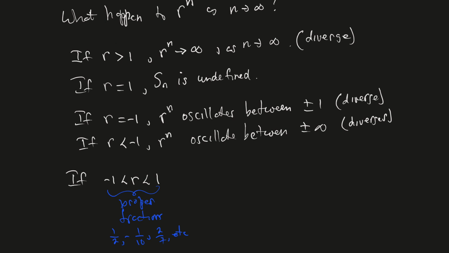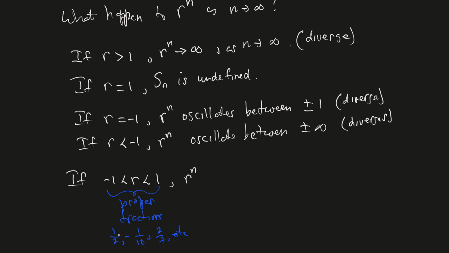as n gets very, very large? Well, think about it. If you have a fraction where the numerator is strictly less than the denominator, which will be all of these cases, then as n gets very, very large, each of these fractions would get very, very small.